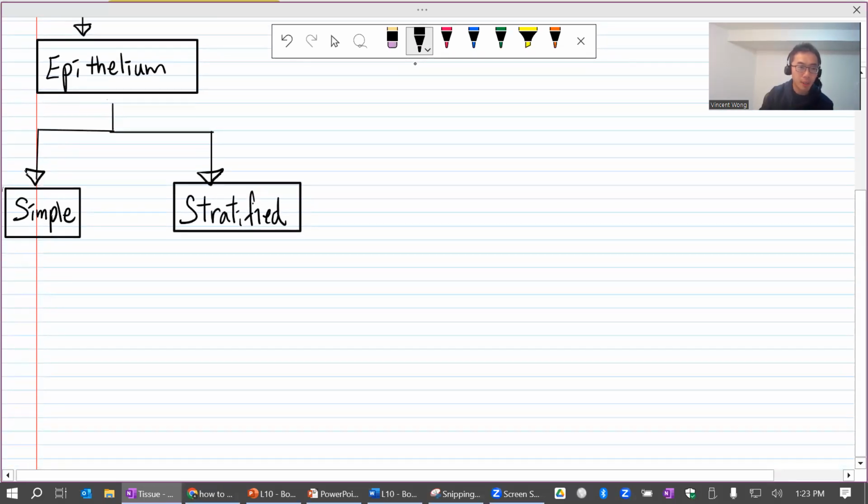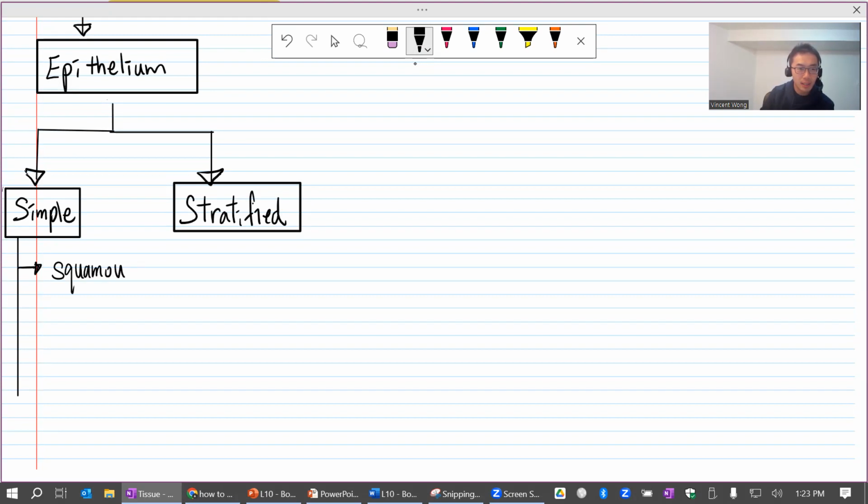Okay, under simple, we have a bunch of examples. We have simple squamous. When we finish class, you should get a different pen, different color, and then write example. So simple squamous would be like air sacs, right?